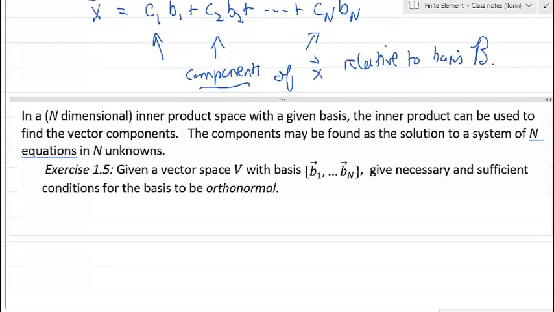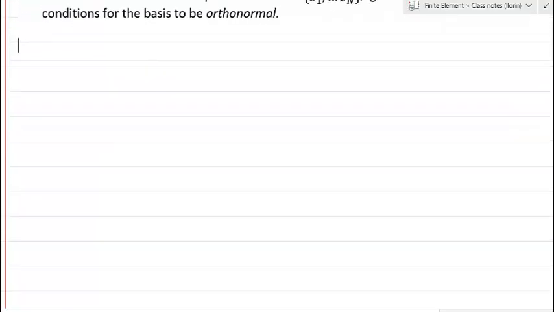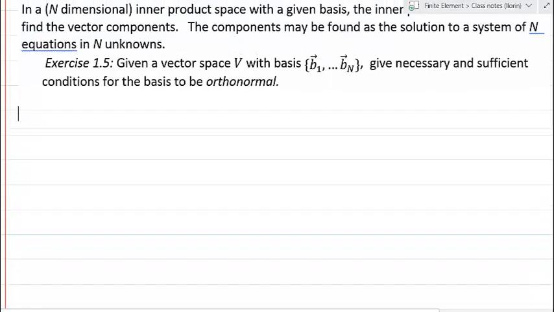Now, the first question here is just a question of definition. Given a vector space with basis b1 through bn, give necessary and sufficient conditions for the basis to be orthonormal. So you need to understand this notion of orthonormal. If you do not know what orthonormal means, you can look this up in a resource on linear algebra.